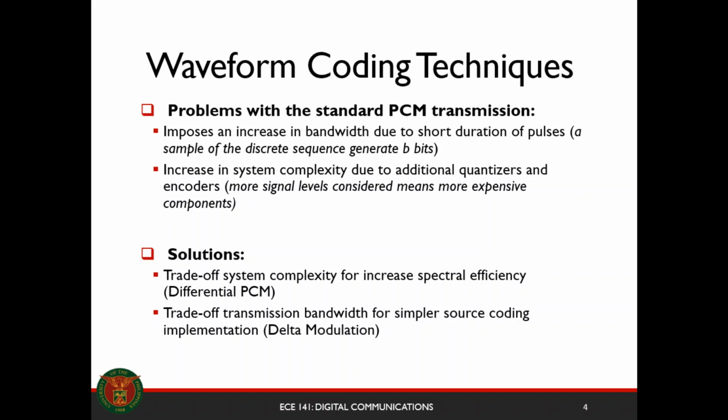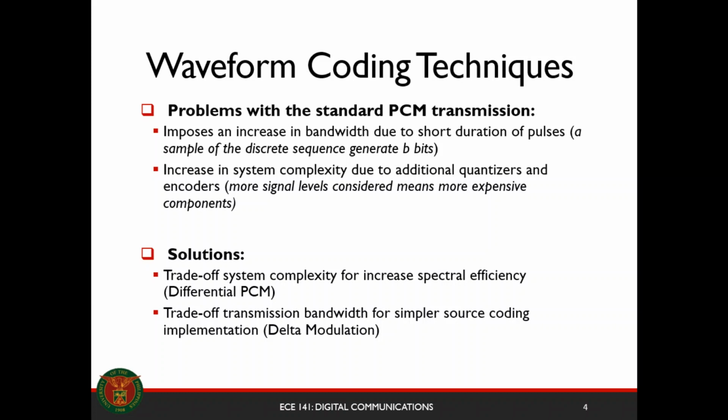This is your differential PCM. When you want a simpler system, you need to trade off bandwidth. That means you increase the bandwidth, which is bad, but you have overall a simpler system.